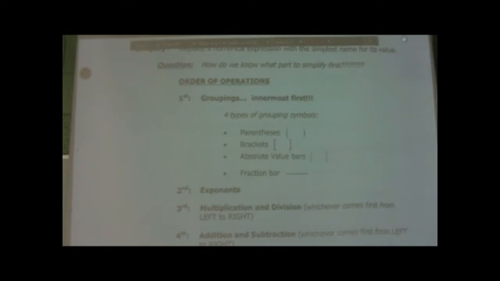Finally, addition and subtraction, and not necessarily in that order, but whatever comes first from left to right. These last two items sometimes can be a pain because you'll want to multiply before you divide, or add before you subtract, but you cannot necessarily do that. You've got to do the left to right. All right, so let's go to the next page.